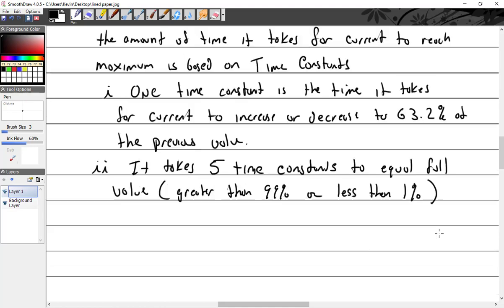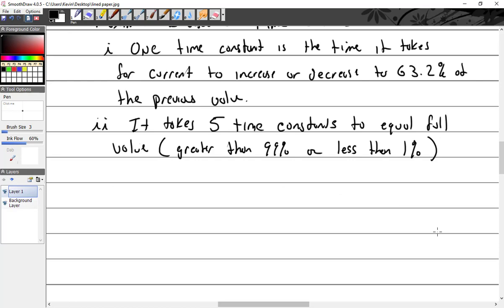Follow me so far? Why 5? Why does it take 5 constants to go from nothing to something to full and from full back down? Well, if we work it backwards, and I say we're at 100% value, you might want to get your calculators for that. What is 1 time constant?